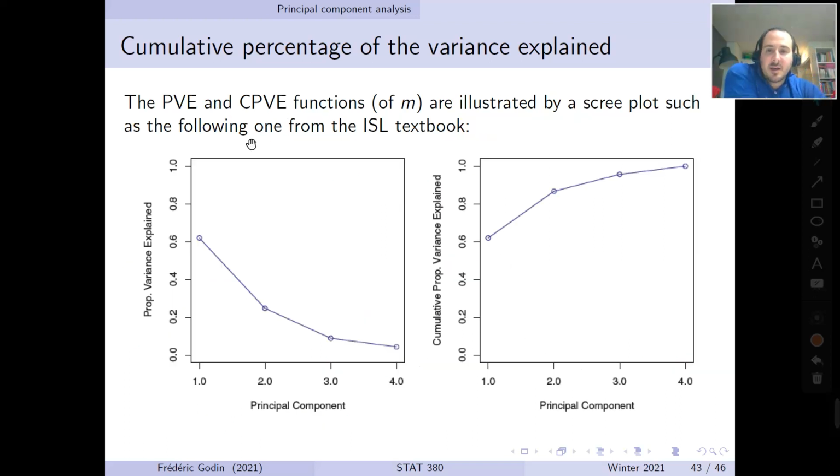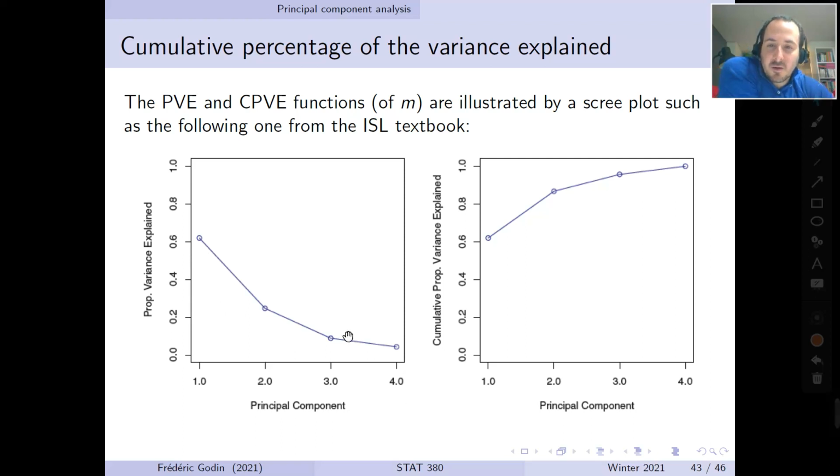Okay, so I've taken this figure from the ISL textbook, but this illustrates what we call a scree plot, which is basically the percentage of variance explained for the various principal components, or the various predictors in the new data set.